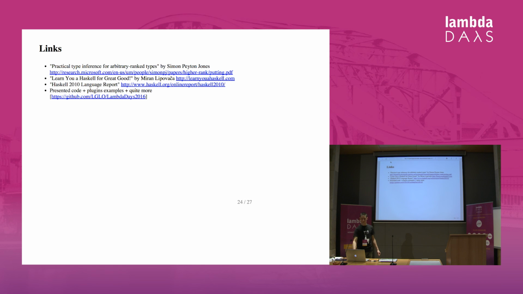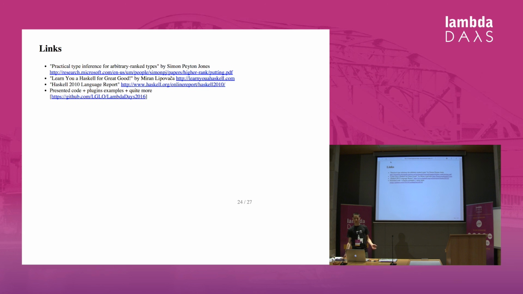And links. The first one is about these type annotations you could see in the Java sources. If you would like to understand what's there, you should probably read the paper Practical Type Inference for Arbitrary-Rank Types by Simon Peyton Jones. Learn You a Haskell for Great Good: if you are just going to start with Frege, I think it's best to start with some good Haskell resource.